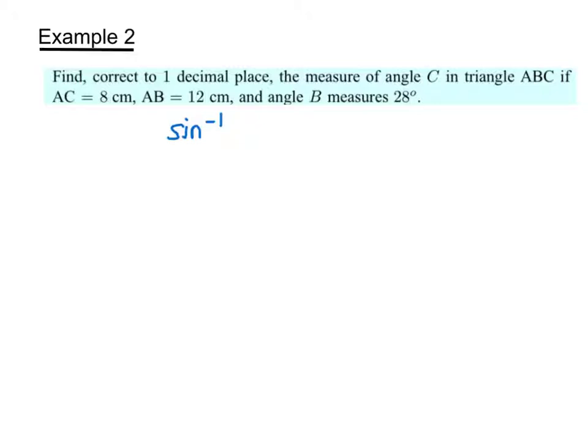So here we're asked to find the measure of angle C in a triangle ABC if we know side AC, side AB, and angle B. So let's draw our triangle here. And we know that B is an acute angle, so I'm going to put B here, and I'm going to put A here, and C here. And I know that angle B is 28 degrees.